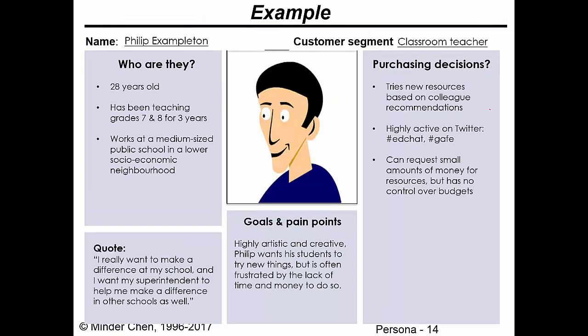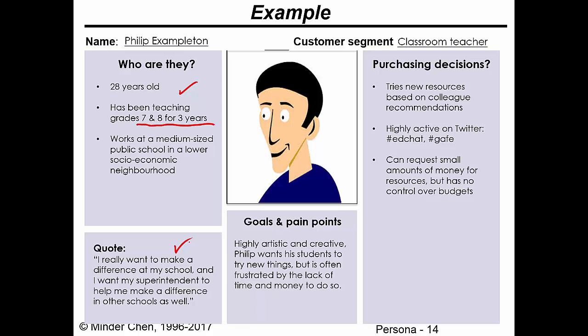For example, Phillips is a classroom teacher, 28 years old, who has been teaching 7th and 8th grade for 3 years, working at a medium-sized public school in a large low socioeconomic neighborhood. The quote is, I really want to make a difference in my school, and I want my superintendent to help me make a difference in other schools as well.